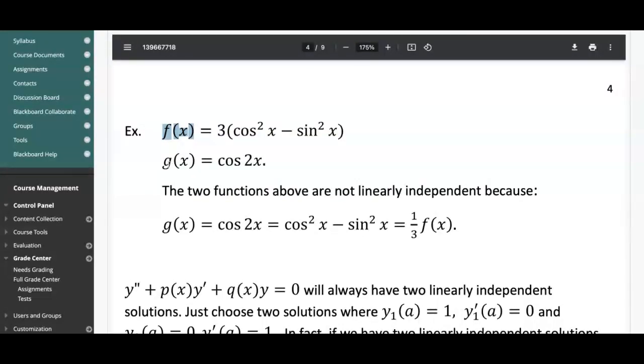Because clearly f of x equals 3g of x, or g of x equals cosine 2x equals cos squared minus sine squared, which is 1/3 of f of x. So when two functions are dependent, that means we can use one to represent the other. Linearly independent means there's no way you could use one to represent the other.